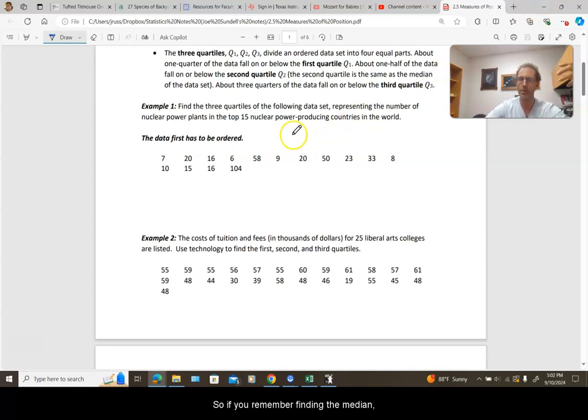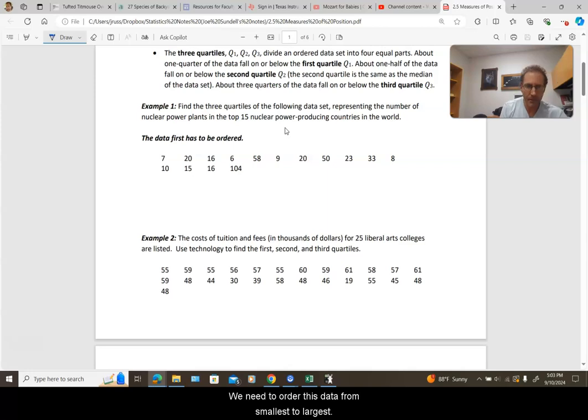So if you remember finding the median, what you had to do is order the data first, okay? Because the median was the middle. So you can't say that 50% of the data is below this value if you never actually ordered the data first. Okay, so we need to order this data from smallest to largest.